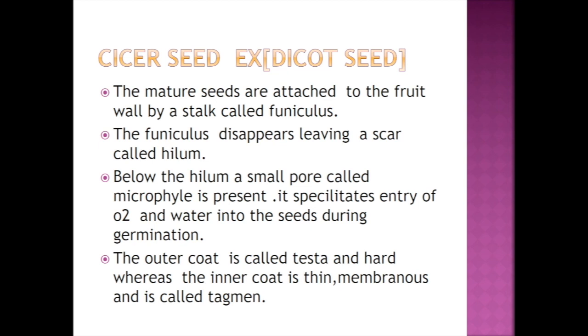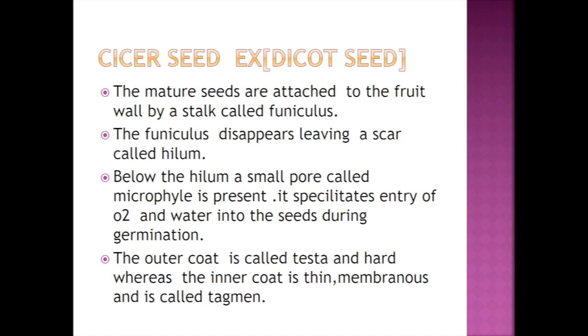The outer coat is called the testa, and the inner coat is thin, membranous, and called the tegmen. This is very important for this chapter, so underline the word tegmen.